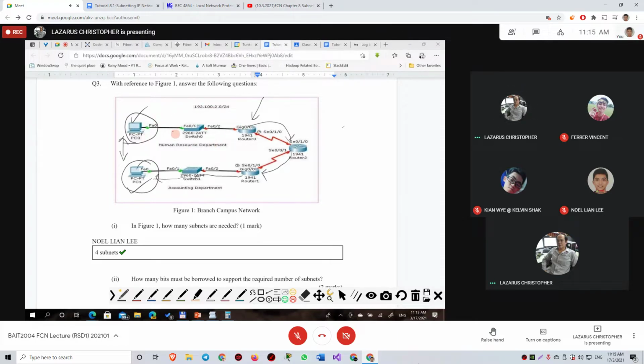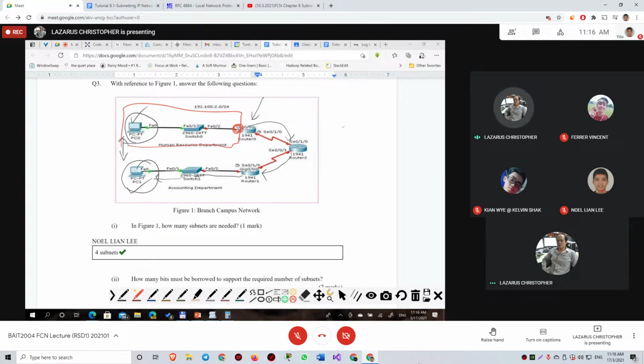So when you want to know for this network, no longer this one, because this is the original network, so just say this network here. It needs to go out through this interface, through a router.